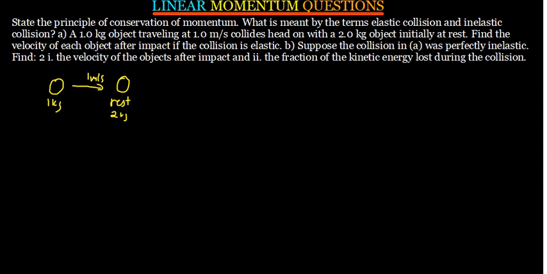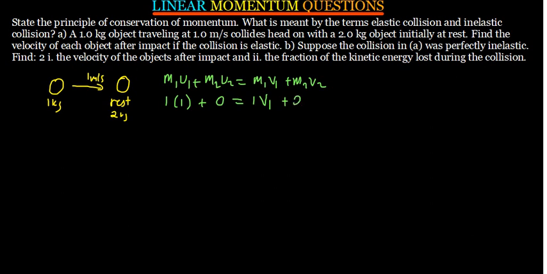So from conservation of momentum, m1 u1 plus m2 u2 is equal to m1 v1 plus m2 v2. m1 is 1 kg, the velocity is 1; mass 2 is at rest, so its momentum is 0. m1 final is still 1, we don't know the velocity, and m2 is 2, we don't know the velocity. So this gives 1 = v1 + 2 v2. This is equation 1.